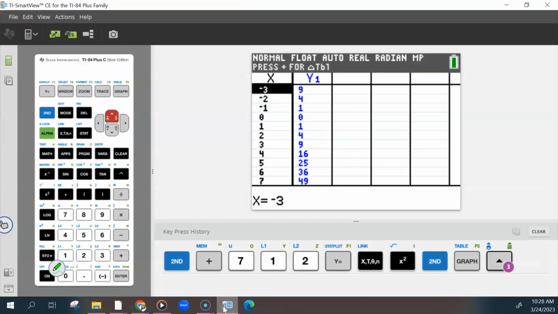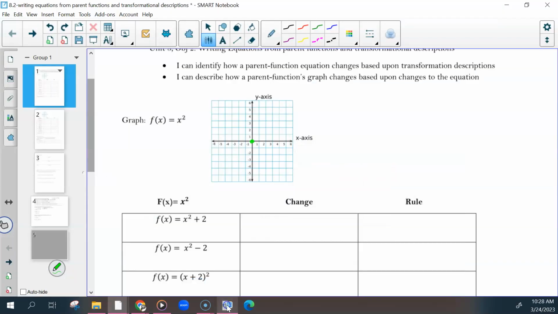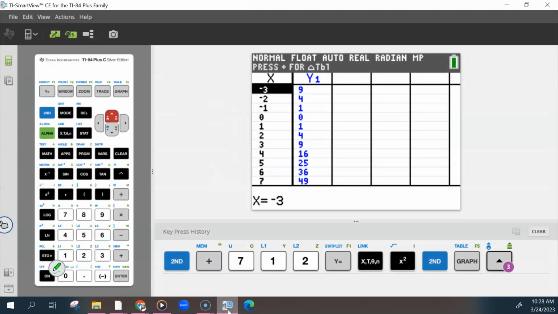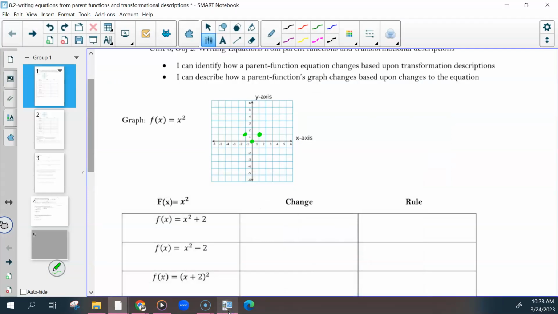So we have negative 1, 1 and 1, 1. Negative 2, 4 and positive 2, 4. And the other ones won't be able to be graphed on this, so just those 5 work.